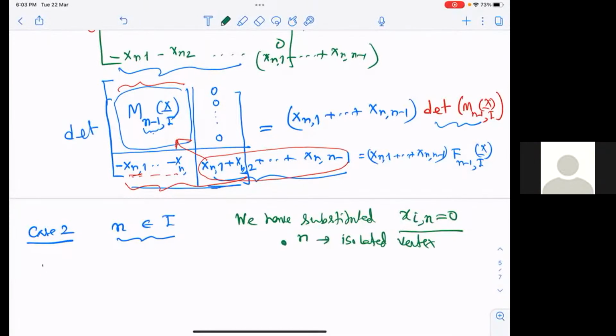So what is the forest generating function? If you look carefully, take this new set J, which is I minus n. Every term of this is just a forest over n minus 1 variables whose root set is J, because n is removed.